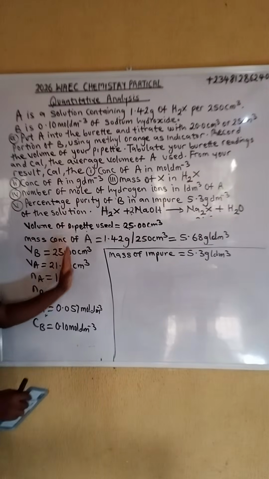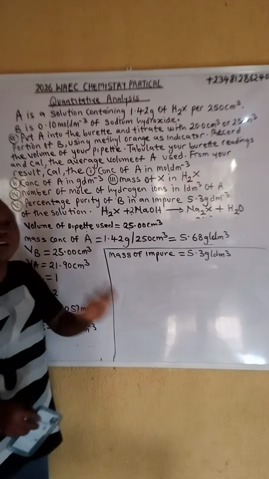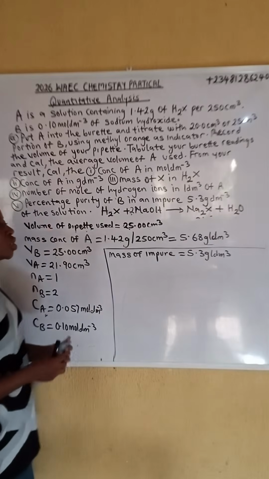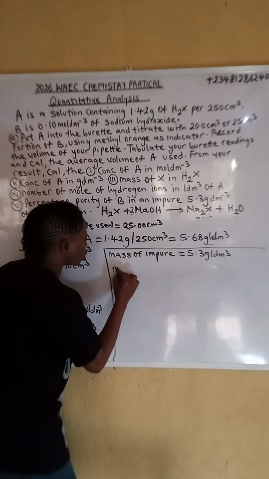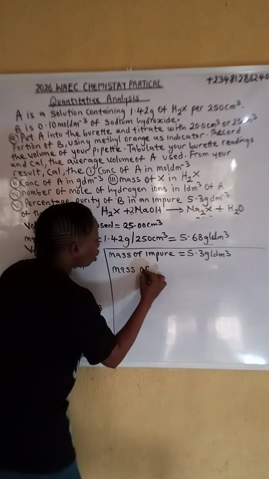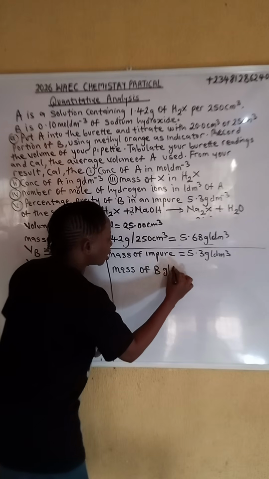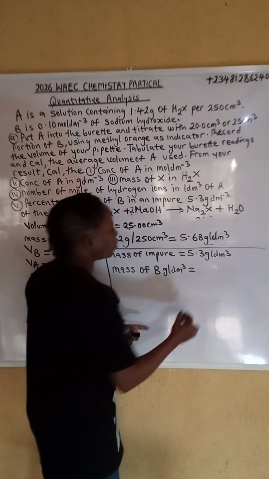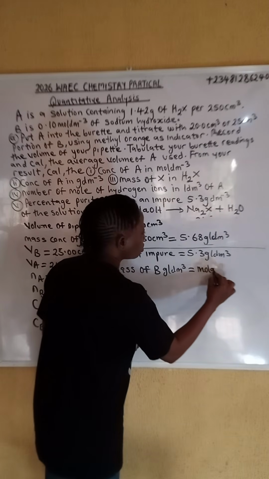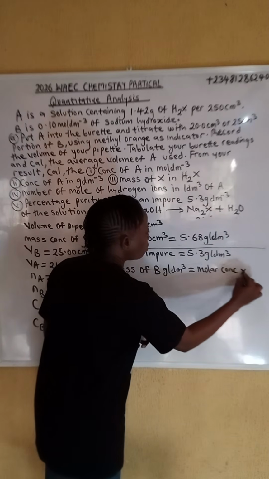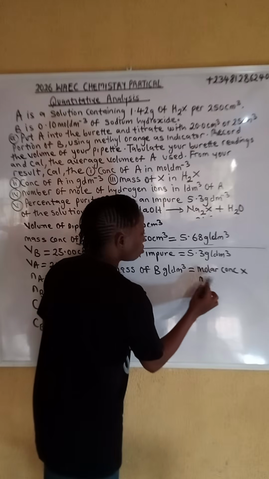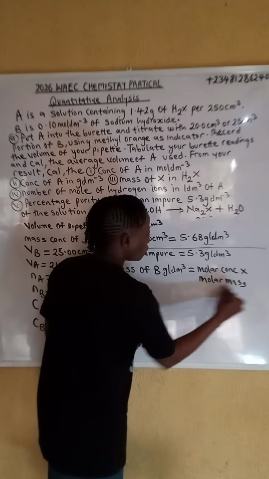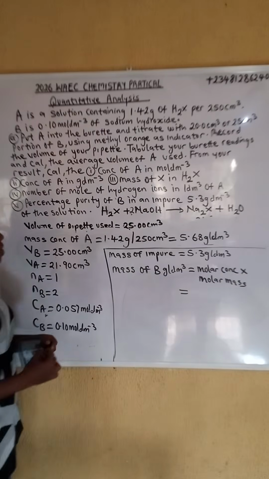Let's look at the parameters given. There is nothing like mass concentration of B, so we have to look for it. The mass concentration of B in gram per dm cube will be equal to the molar concentration multiplied by the molar mass.